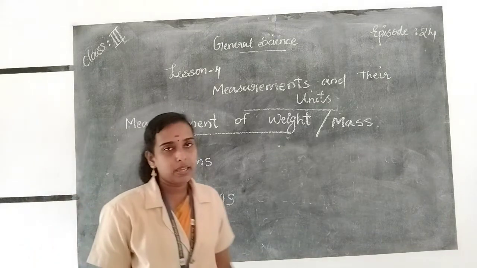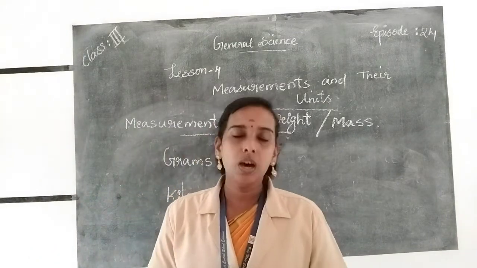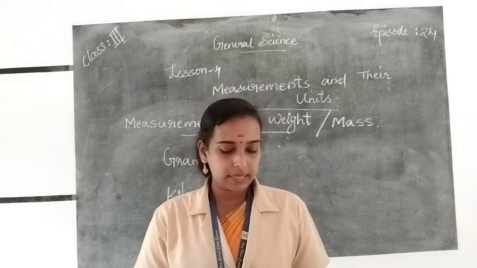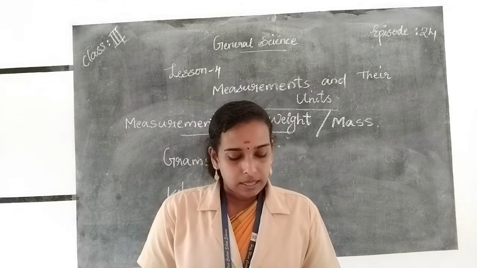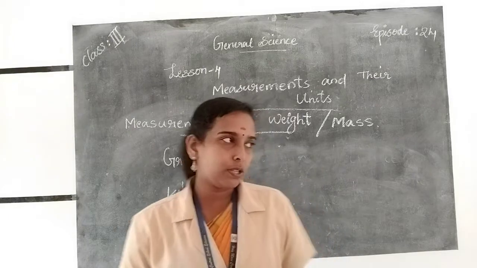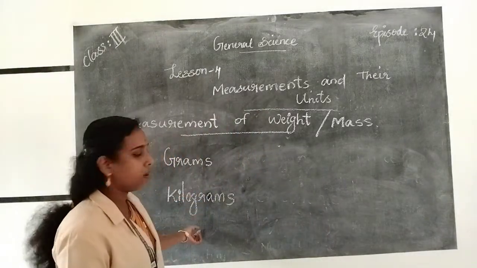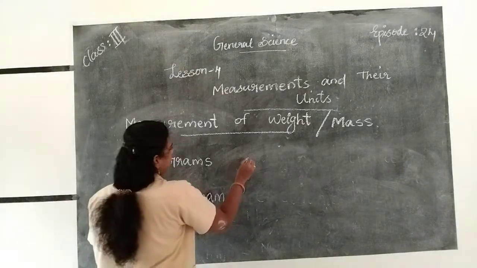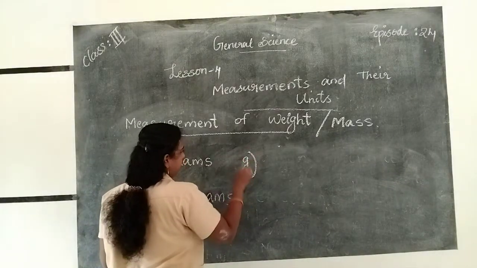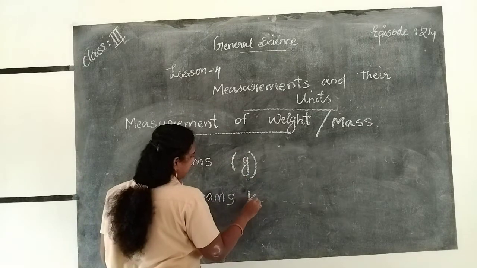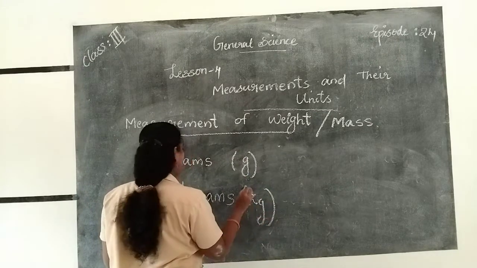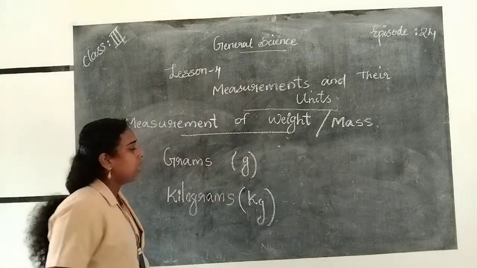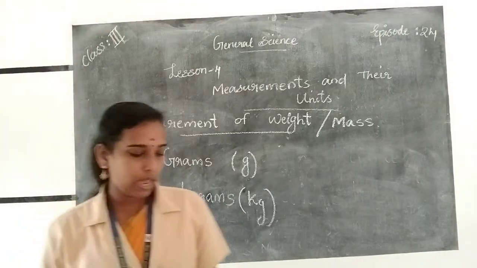These are the two main units that we use to measure weight or mass of things. We use the letter G to denote grams and kg for kilograms.